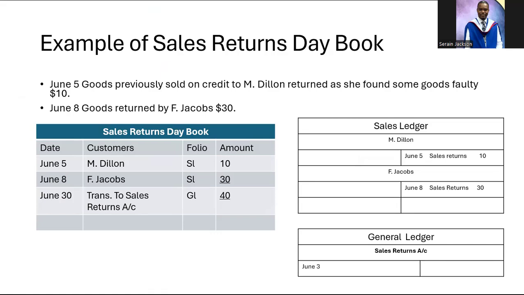So you go June 30, total returns inwards, or you could write total sales returns. I'm just using the terms interchangeably so that you can become familiar with the terms that are used, so that you don't miss in the exam. And you double line the amount like that, and there you have it, right? The returns journals or the returns daybook.